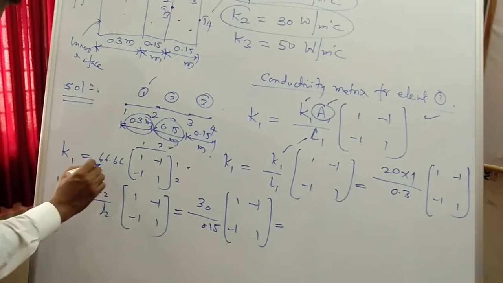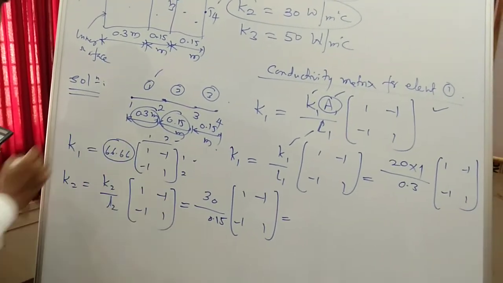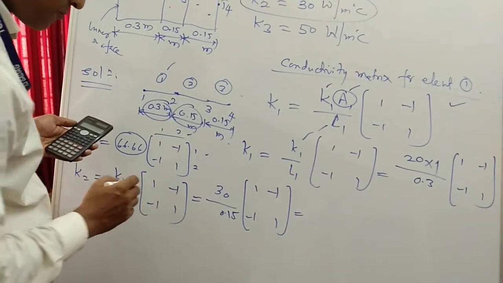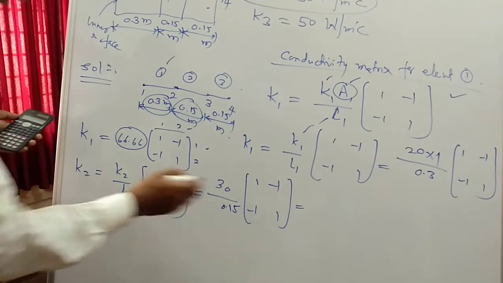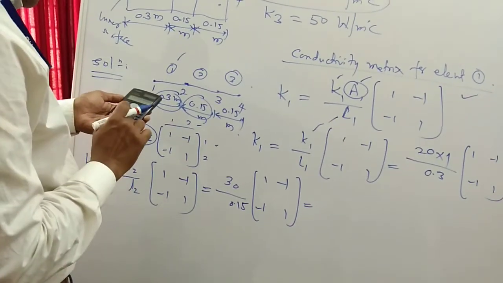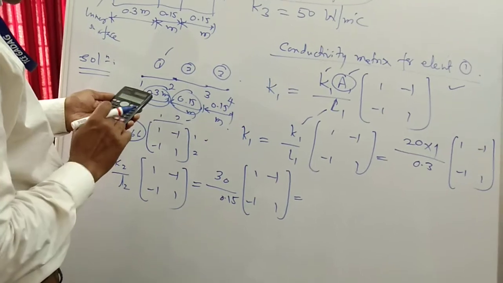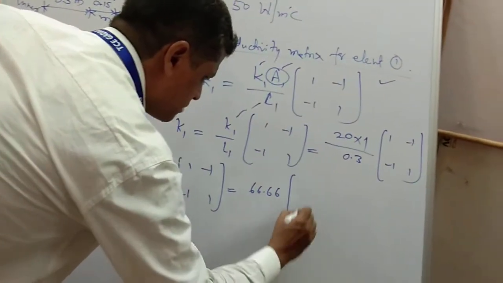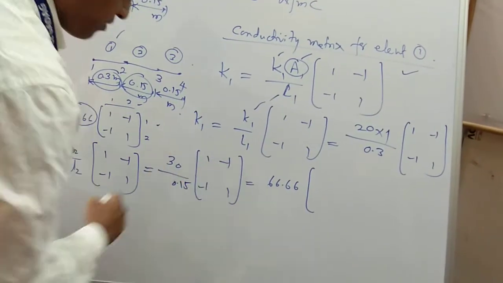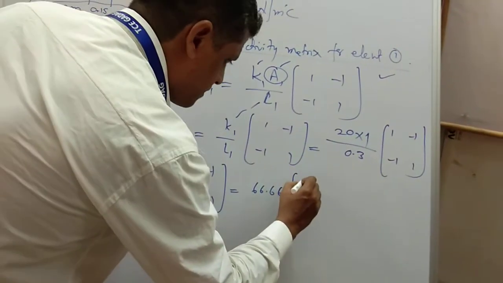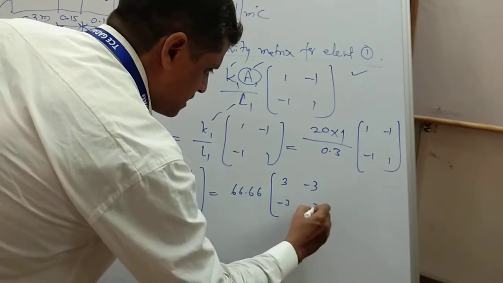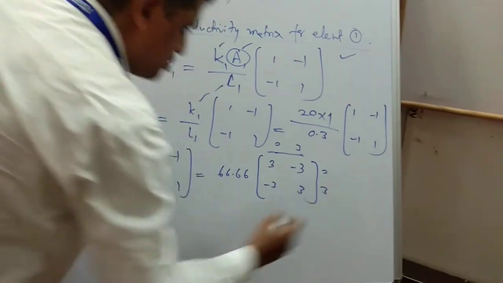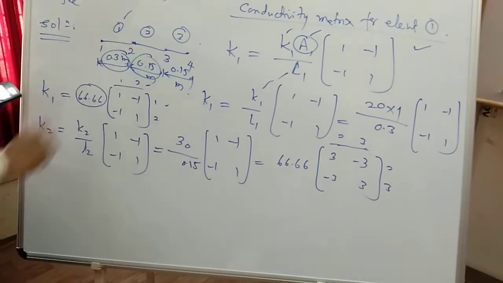But for the conductivity matrix for element 1, we took the constant 66.66 common outside. The same common factor you have to maintain for K2 also. Now I will divide 200 by 66.66. I got 3, so you can write it as 66.66 outside, the same common factor as for element 1, and inside you will get [3 -3; -3 3], and write the DOF numbers for element 2: 2 and 3.